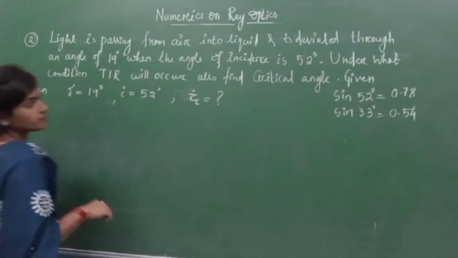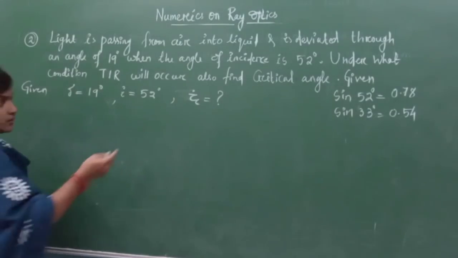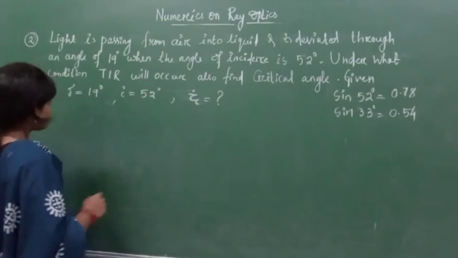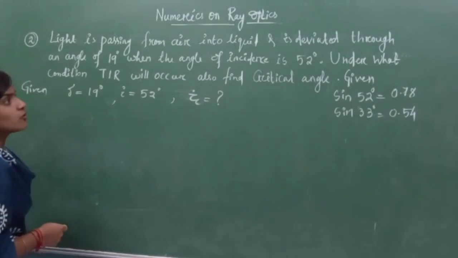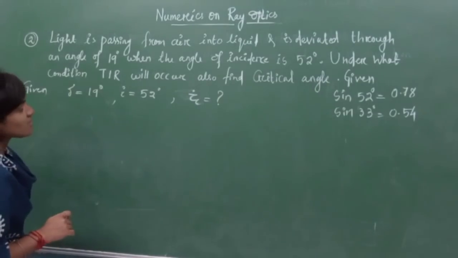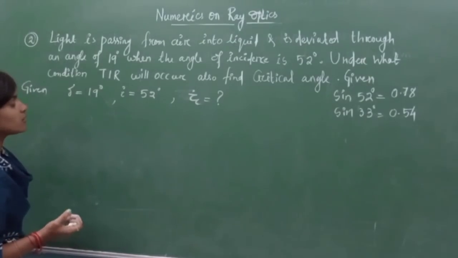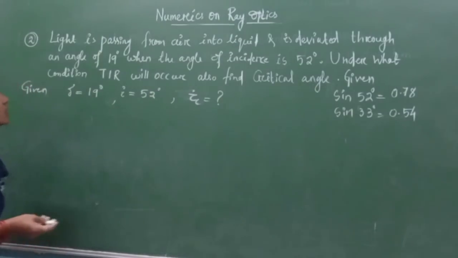For the critical angle we apply the TIR formula, and before that we have to find the refractive index of the liquid. Since that value is not given here, we have to find it from Snell's law.